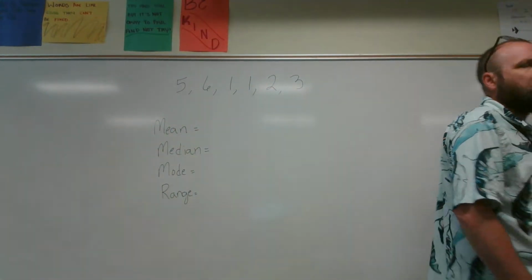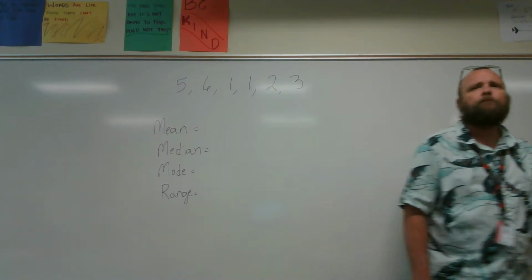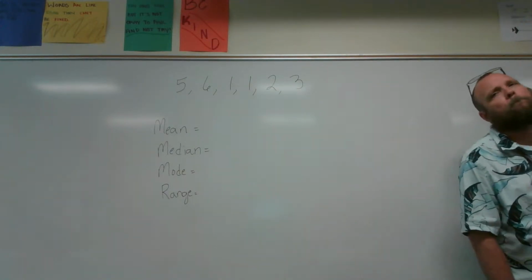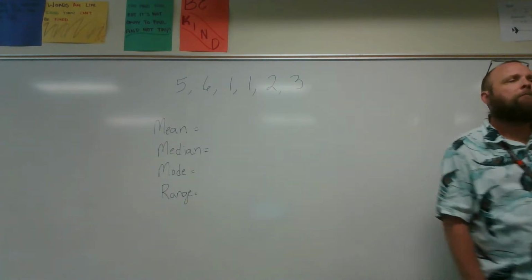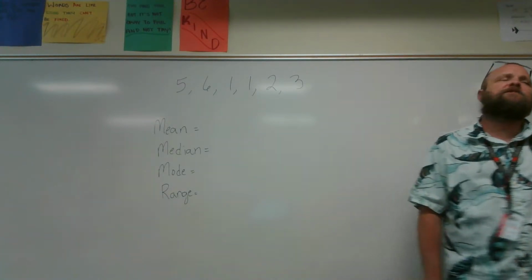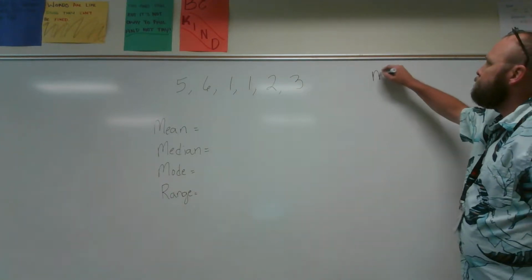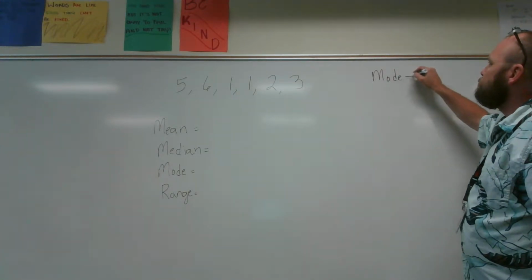Victoria, which would you like to do first? Mean, median, mode, or range? I would like to do mode. So Victoria, explain to the class how you find the mode. The mode for a data set is the element that occurs the most often.